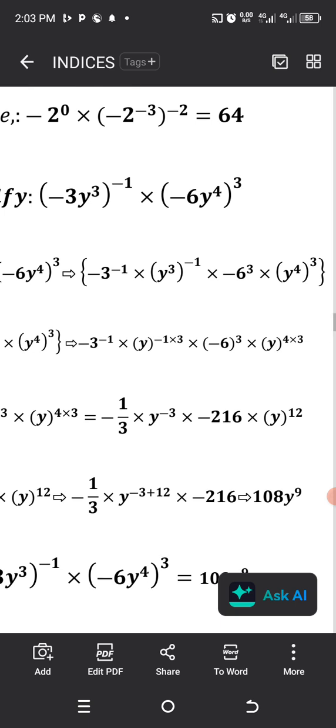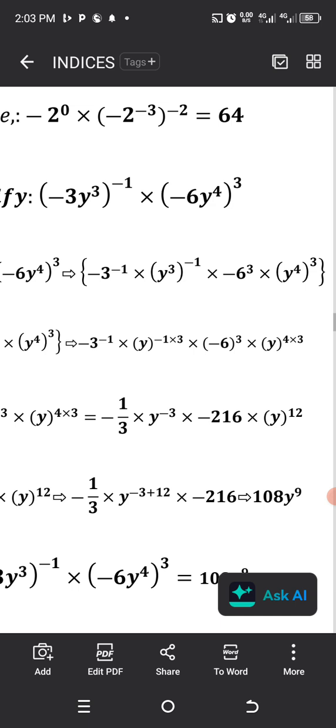So you can see that in the next line, we have minus 3 raised to power minus 1 multiplied by y inside the parentheses raised to power minus 1 times 3, multiplied by minus 6 inside parentheses all raised to power 3, multiplied by y all raised to power 4 multiplied by 3.